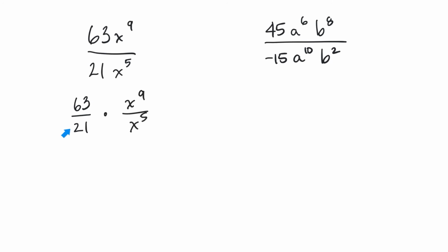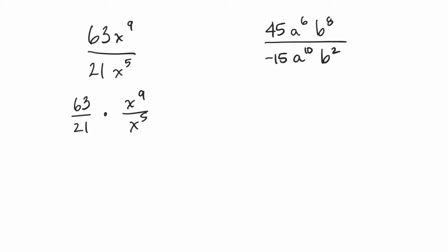Because I can take care of simplifying this now by itself, and then I can simplify this using my exponent properties. To simplify 63 over 21, I like to just write the prime factorization of my numbers, unless you recognize the common factors or what their greatest common factor is, and you can just divide that out, that's totally fine.